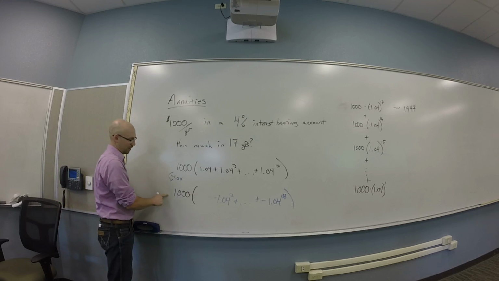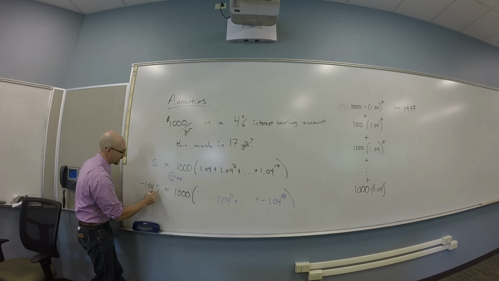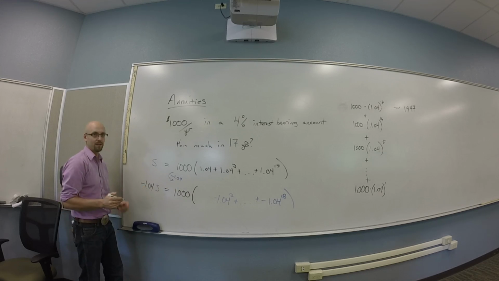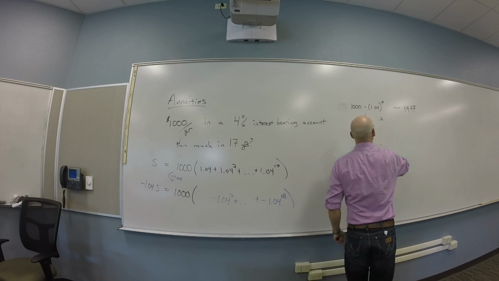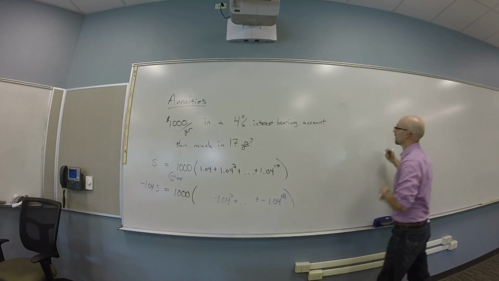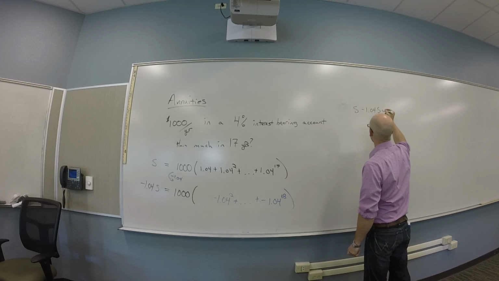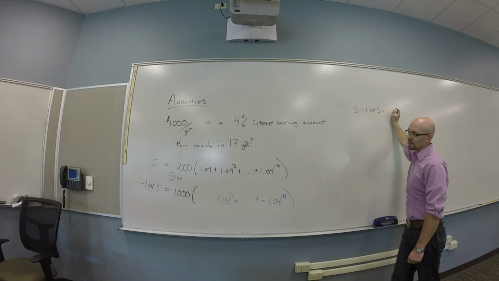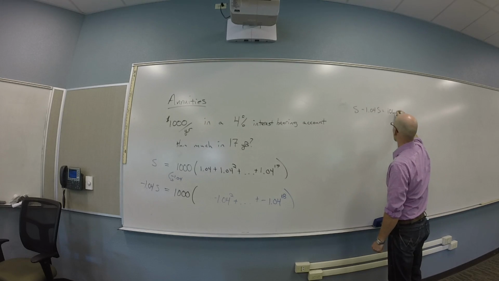Yeah, if you add these, so you call this S, right? And then minus 1.04 S is this line. And then you add them together. So you get S minus 1.04 S is, and then what cancels there? Yeah, so there's 1,000, right?